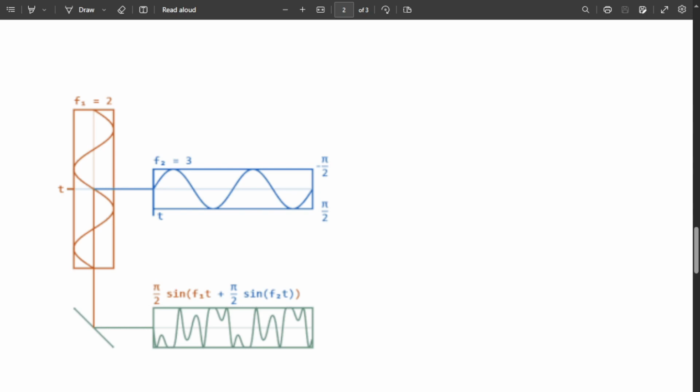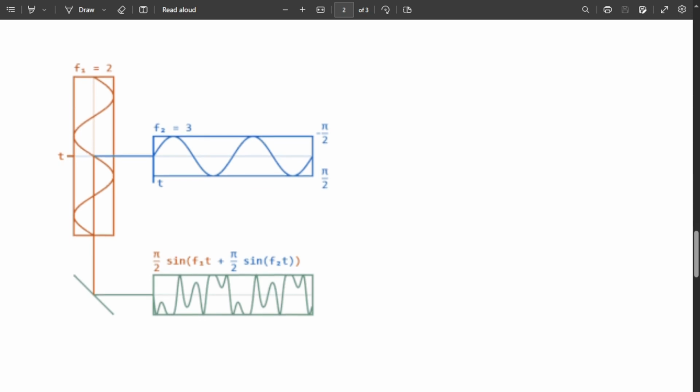So f1 and f2 are going to be combined in the third one by changing the angle. So you can see here the waveform shape is changed, right? So this is the comparison by the amplitude and the frequency by changing the angle. It's called the phase, right?